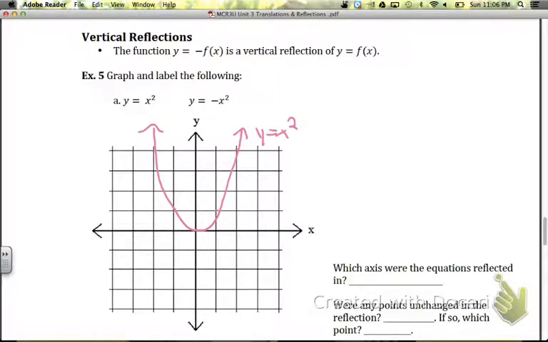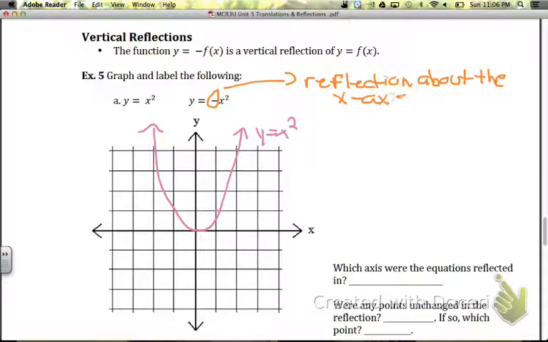Now, what is that negative in front of our x squared going to do? That negative is going to create a reflection about the x-axis. And what do I mean by that? Are our x values going to change at all? No, our x values won't change at all here.